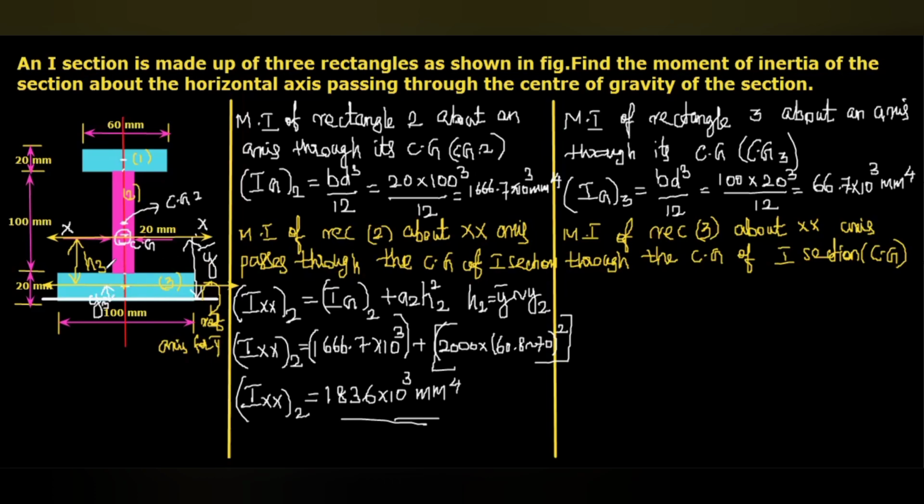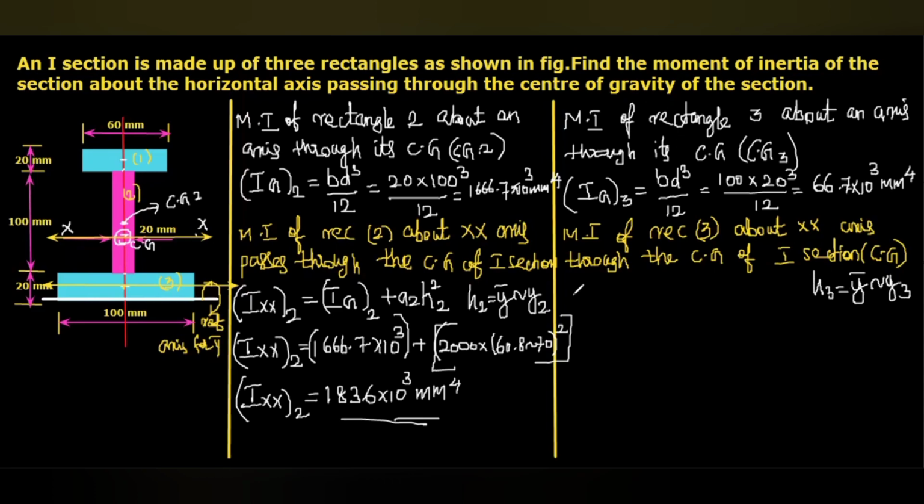Now you can see this H3 from here to here is y bar. Here to here, y3. We need this distance, that is y bar minus y3. To avoid the confusion, I just erase all these extra lines. So now H3 is simply the difference of y bar and y3.